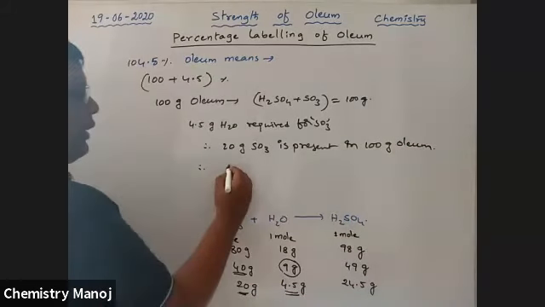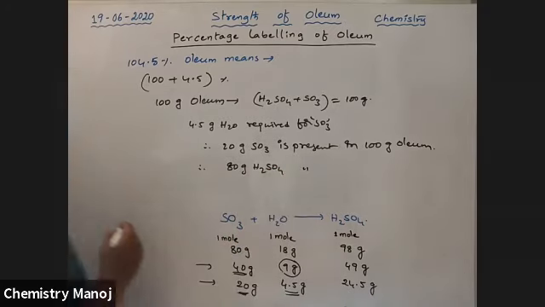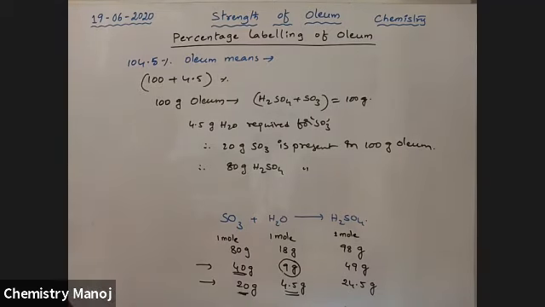Therefore, 80 grams H2SO4 is present. 20 grams SO3, 80 grams H2SO4 is present. So this is the meaning of percentage labeling of oleum.